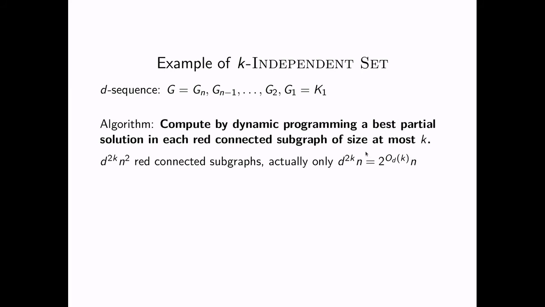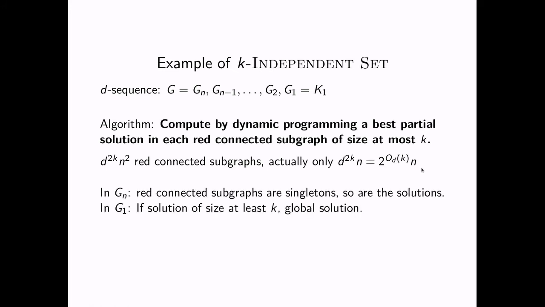So in graphs of degree at most d, the connected subgraphs of size at most k number at most d to the 2k times n, and I have n red graphs, so I get n squared, but actually we'll see that we don't need the square, so we have something linear. If I treat d as a constant, this is a single exponential in k times n.